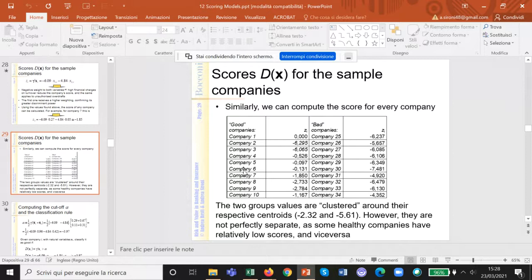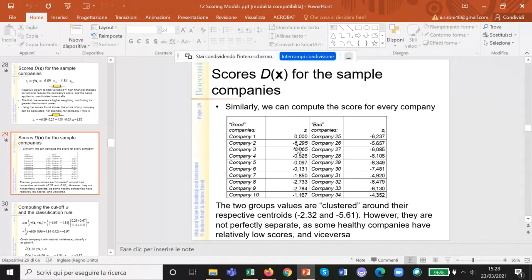And as you can see, on average, the good companies tend to have higher values for this score than bad companies, okay? And they are not perfectly separate because unfortunately there are cases when they are not actually separate.